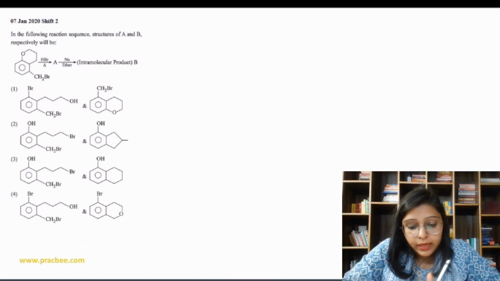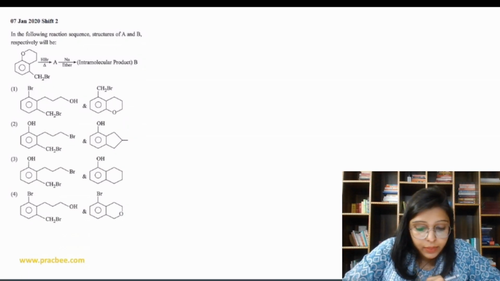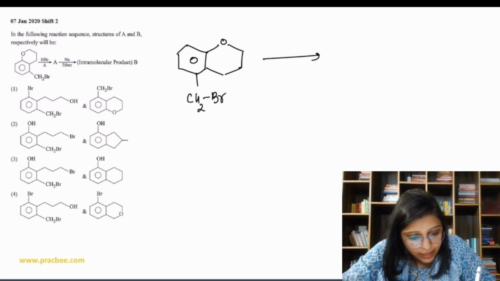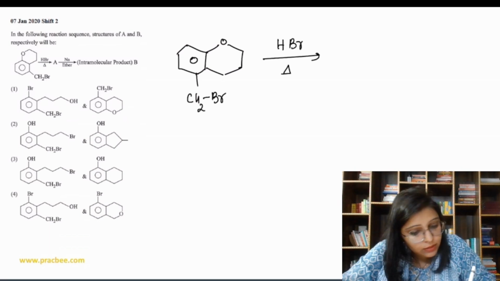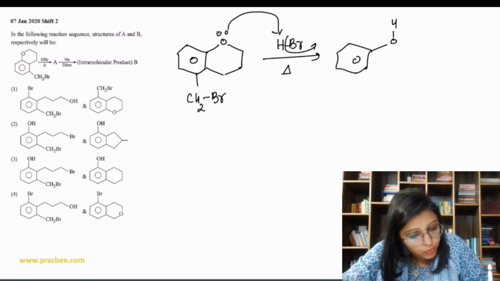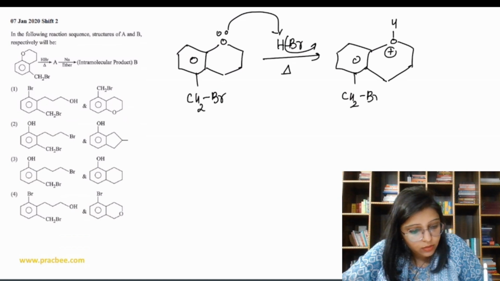In the following reaction sequence, the structures of A and B respectively will be. Okay? So we have this one. Oxygen. Here we have CH2Br, HBr and heat. This is an ether reaction: oxygen, then Br leaves and we get OH positive, and here we write CH2Br.